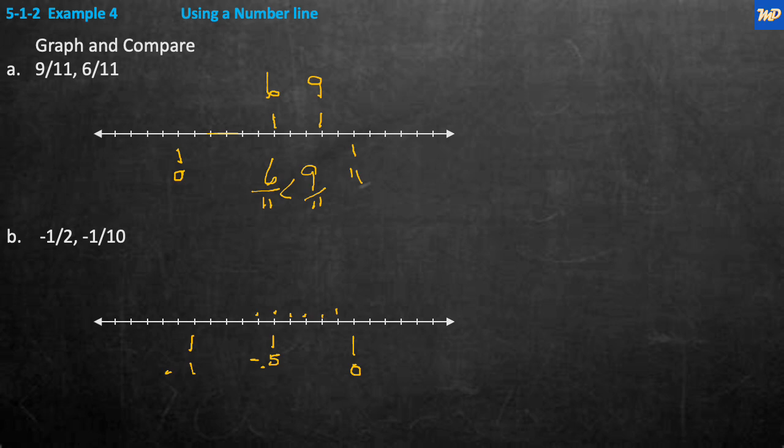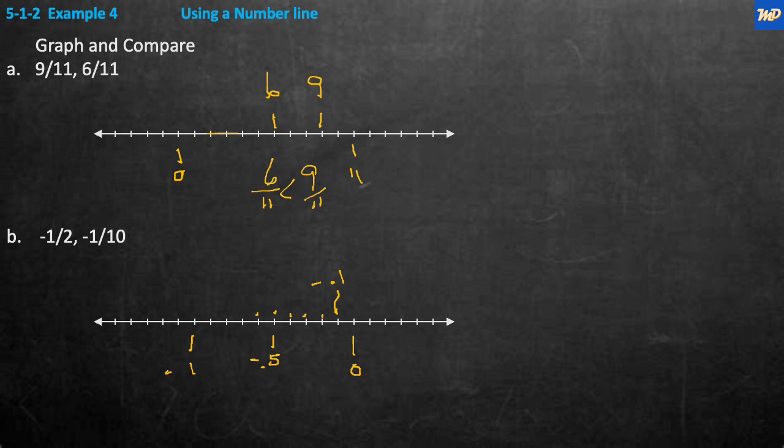So they want to know, is negative 1/2 less than negative 1/10? Here's negative 1/2, and here's negative 1/10. Well, here's 1/10 right here. Negative 0.1. Right here, negative 0.1. The negative 0.1 is to the right of negative 0.5.